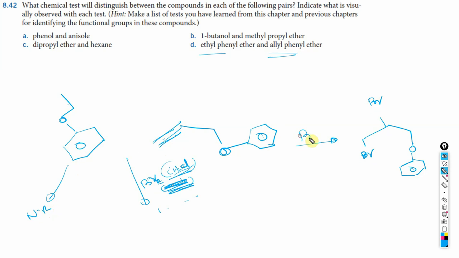Therefore here Br2 is going to undergo discoloration, here Br2 is not going to undergo discoloration. So that is a difference between these two which you can use to identify which one is what visually.